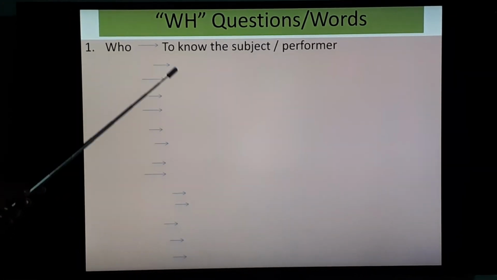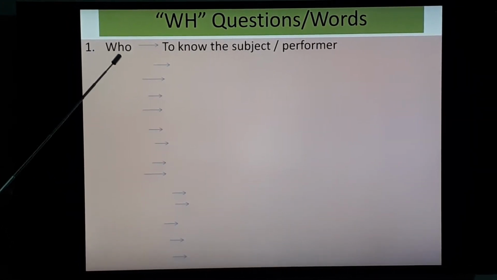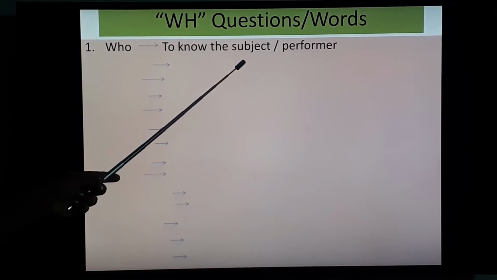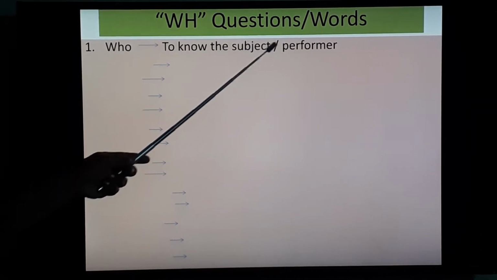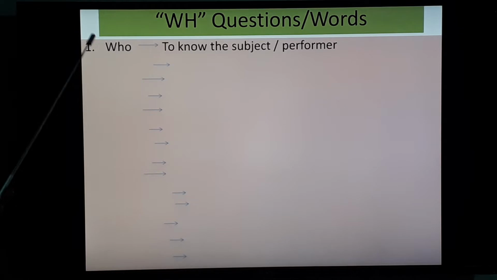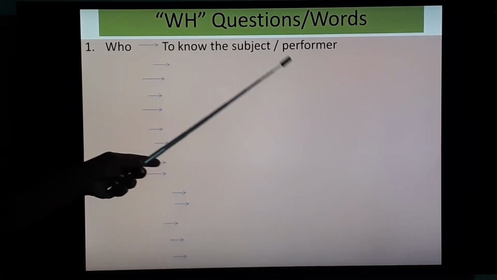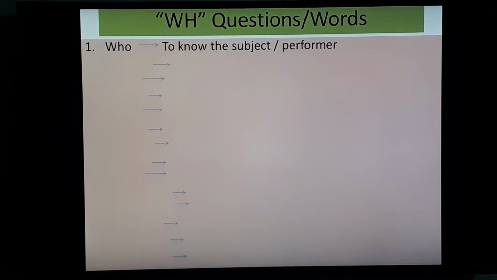First, that is who. If you want to frame any question with the help of who, you will get the subject as your answer. Or here you can say if you want to use who, you will get the subject or the performer. Second, that is where.